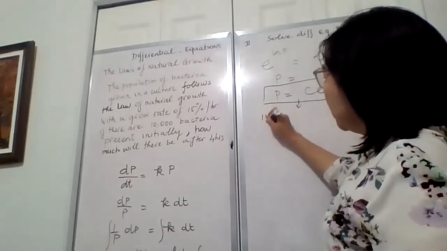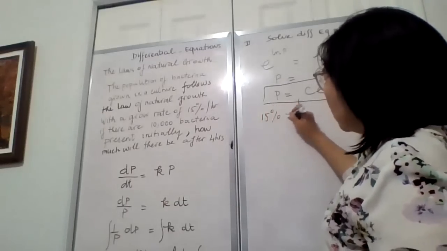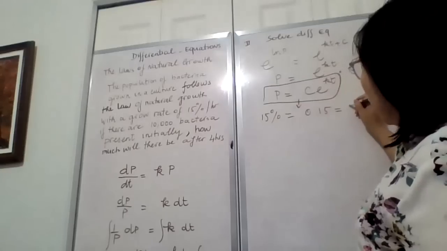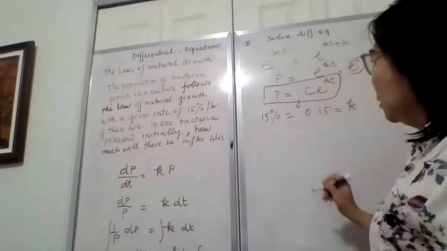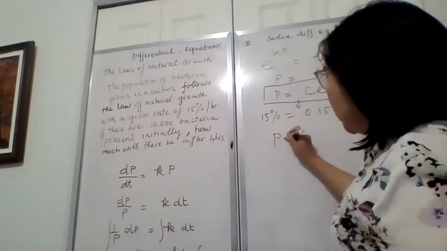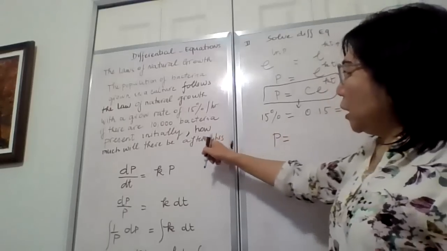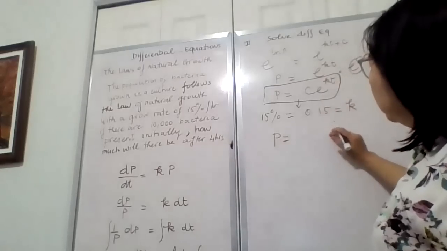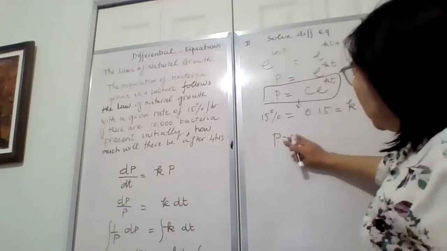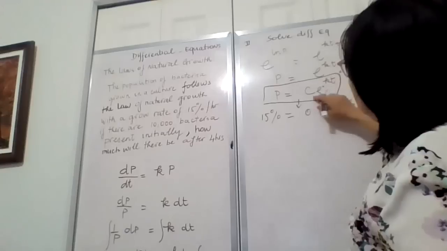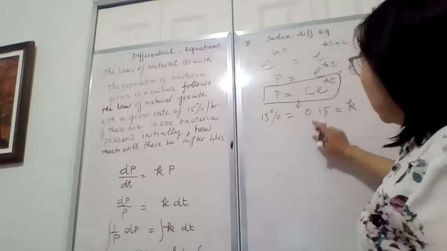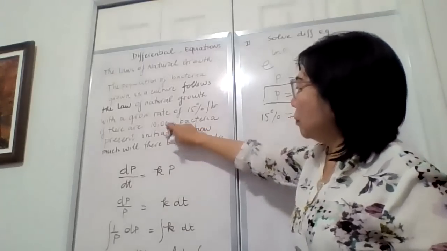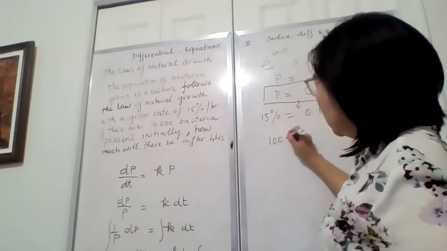So we know that 15% equals 0.15, and this rate of growth is equal to k. Now actually we should solve for the C here, right? So let's solve for the C here as well. We know that initially we have 10,000 bacteria.